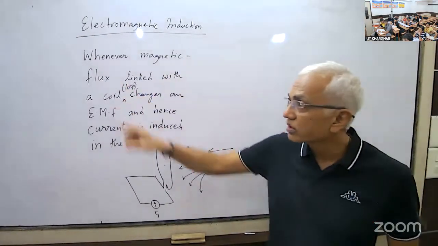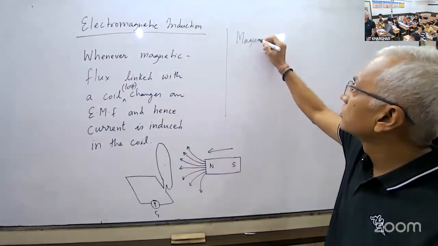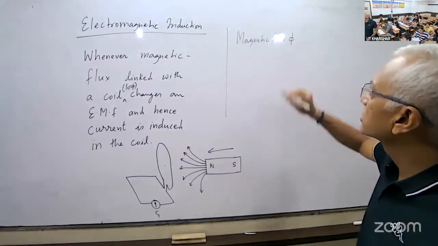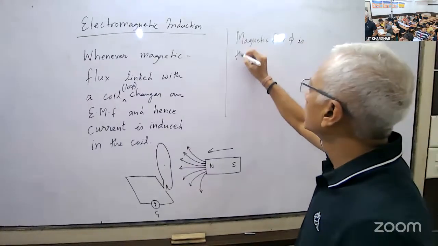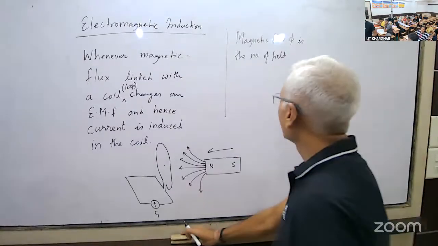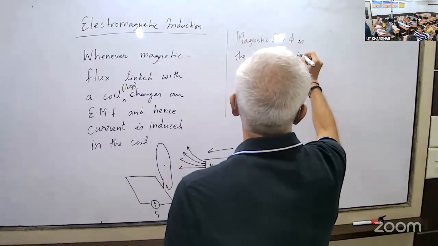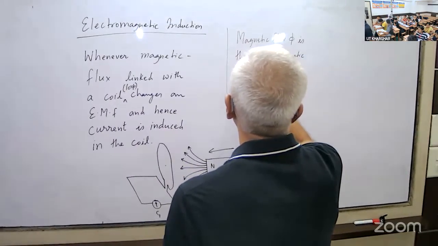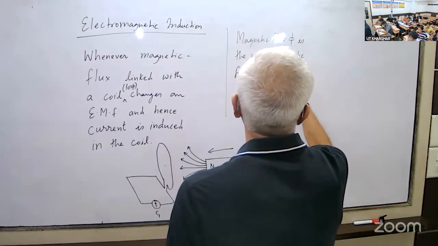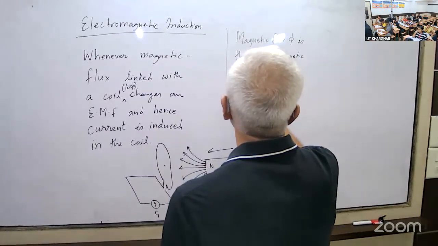What is magnetic flux? Magnetic flux, it is represented by this, is the number of magnetic field lines crossing unit perpendicular area.